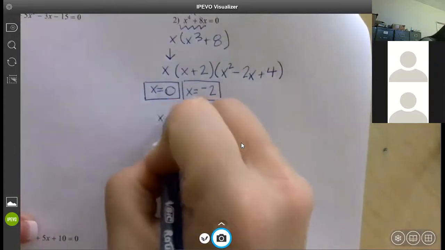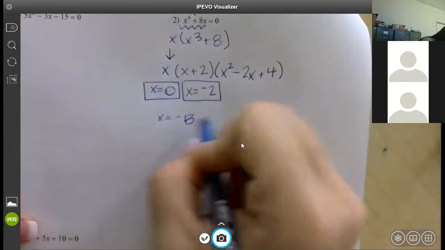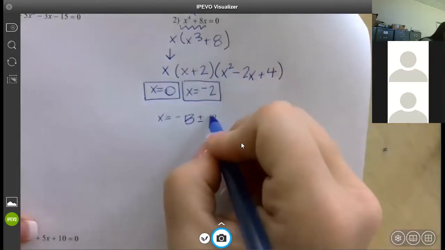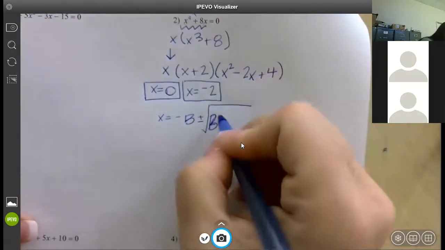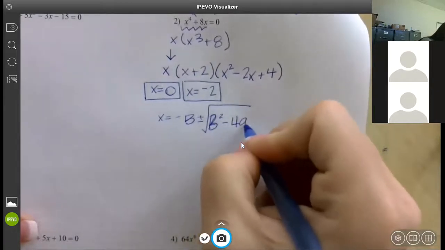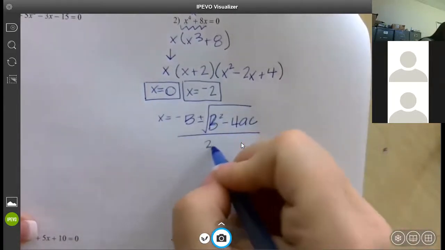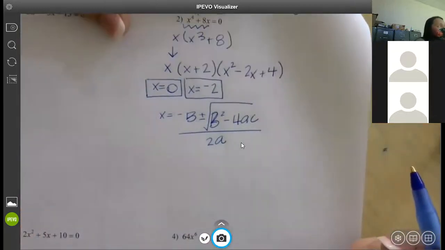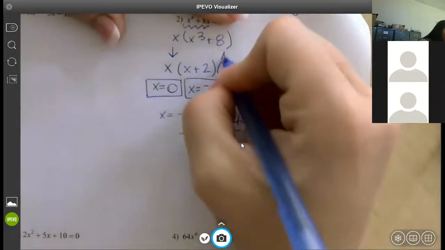So remember your quadratic formula is x equals negative b plus or minus, I don't know what that is, the square root of b squared minus 4ac all over 2a. You use your numbers.